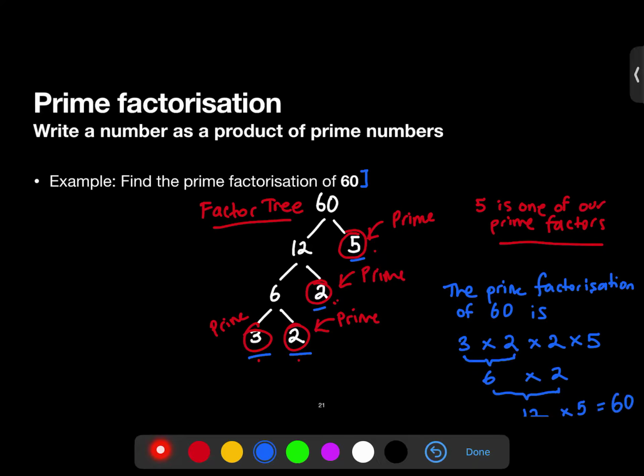So 60 is our answer. So our answer is correct. So the prime factorization of 60 is 3 into 2 into 2 into 5.